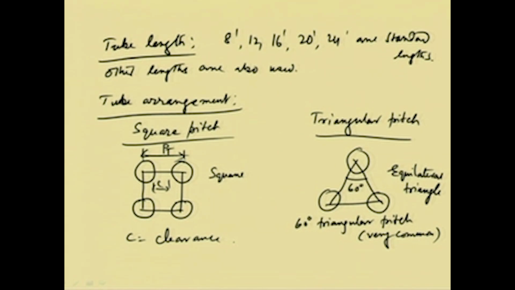Similarly, here this is the center to center distance, called PT, the triangular pitch. So, center to center distance between two tubes is called the pitch, whether it is a square pitch or the triangular pitch. In square pitch these angles are 90 degrees, and it makes a square, and in this case it makes a triangle, usually an equilateral triangle, that means they are at 60-degree angles.